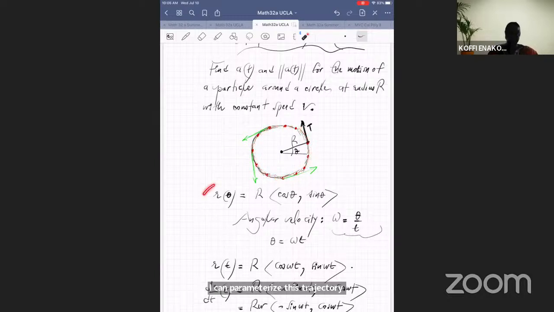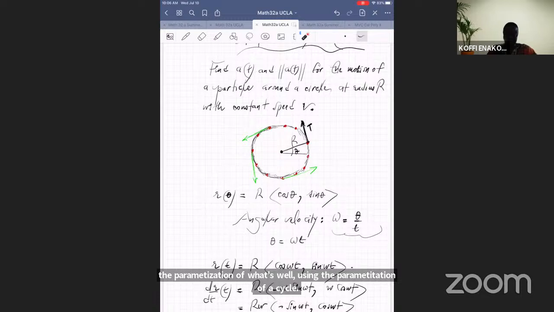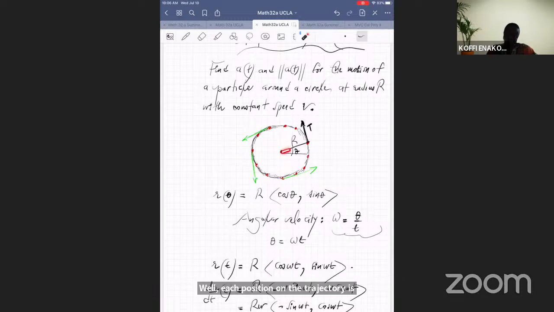If we have the motion that is like this, I can parameterize this trajectory using the parameterization of a circle, where each position on the trajectory is represented by an angle theta with the horizontal line L. And here I have the radius, that is the constant r.